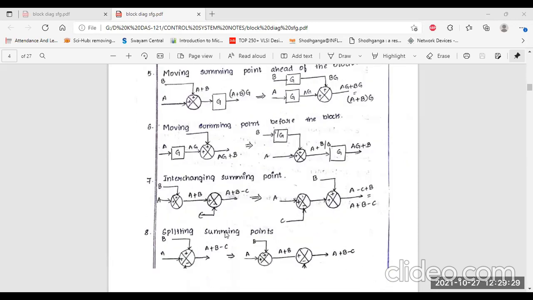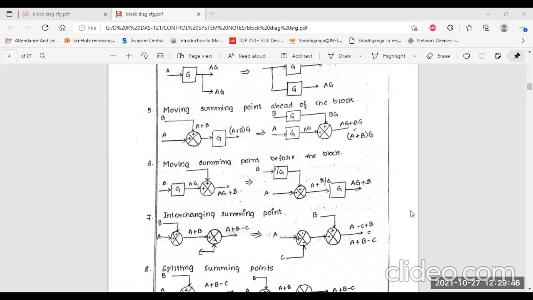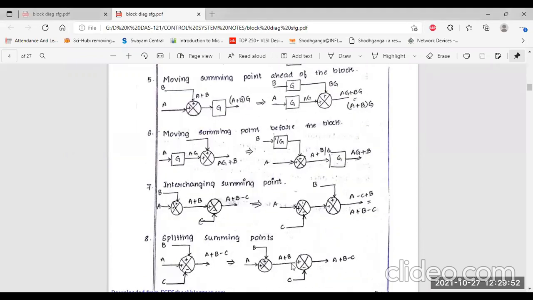Next, another one, splitting the summing points. That means you are given one summing point. Here you can see three signals are present, that is A, B, and C. C is a negative feedback. So A is positive, B is positive, and C is negative.